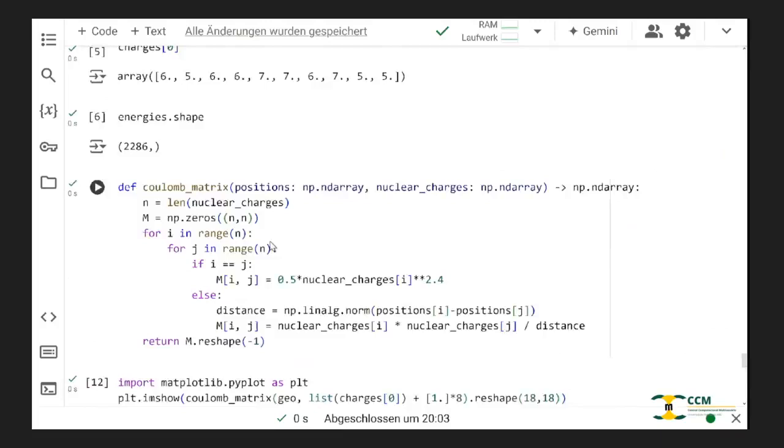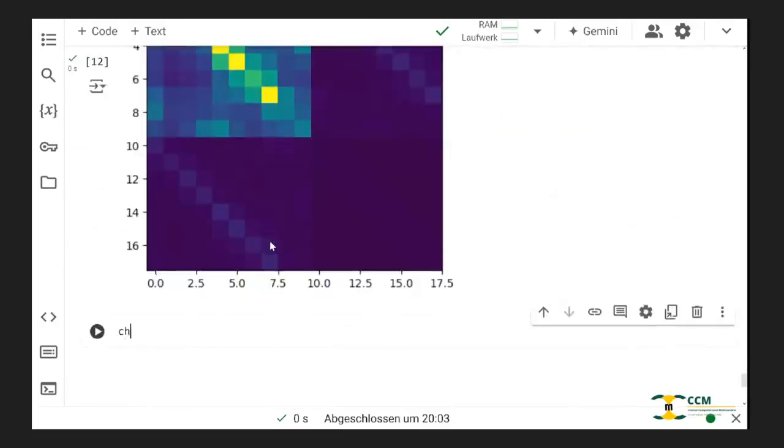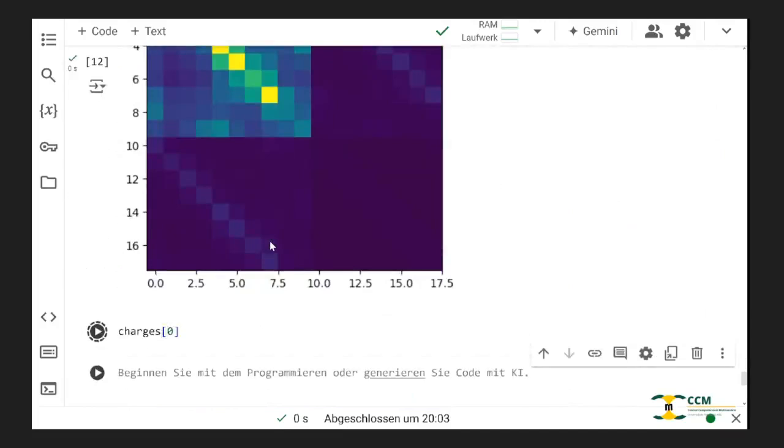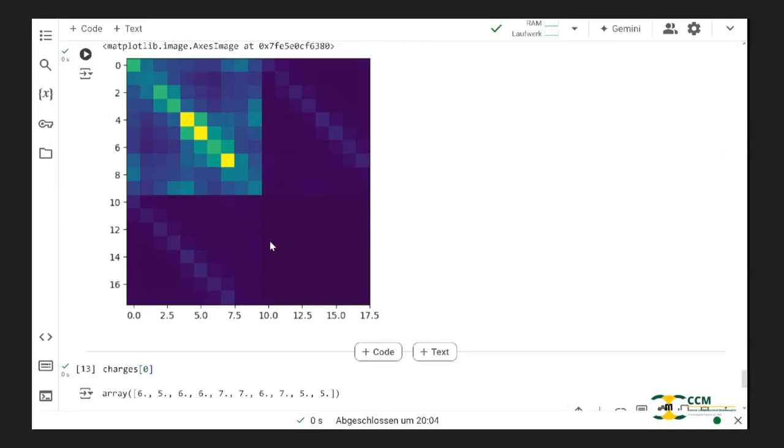And let's compare this. Maybe I can show you the sequence. Keep in mind that my charges 0 will differ from your charges 0. So that thing is a carbon, followed by a boron, followed by a carbon, carbon, nitrogen, nitrogen, carbon, nitrogen, boron, boron.